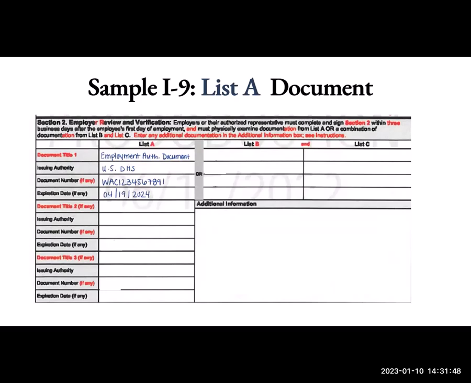Here you have someone who gives you an employment authorization document as their document of choice. You look at the document, it appears genuine, it relates to the person. And this is how you would complete the new section 2 using an employment authorization document. Doesn't it look nice and clean? All right, the next one.